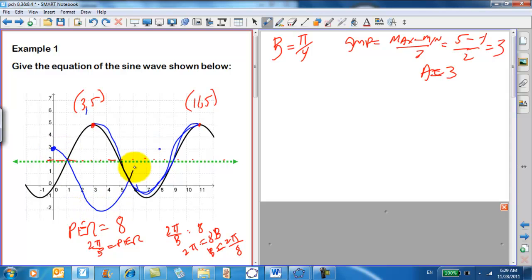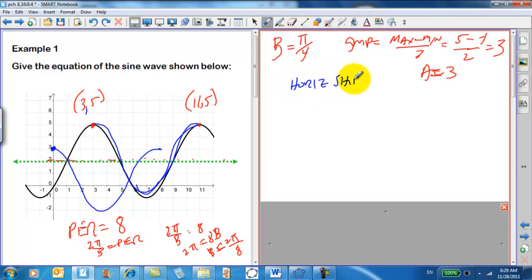So you see how it's been shifted over 3 and up 2. So our horizontal shift is h equals 3. The vertical shift is k equals just 2.